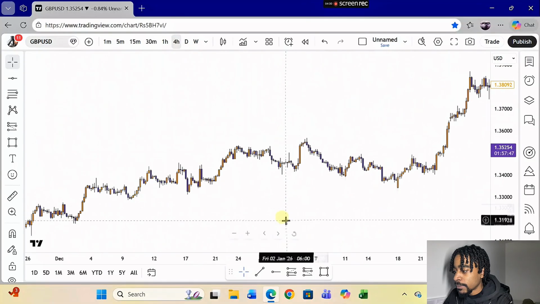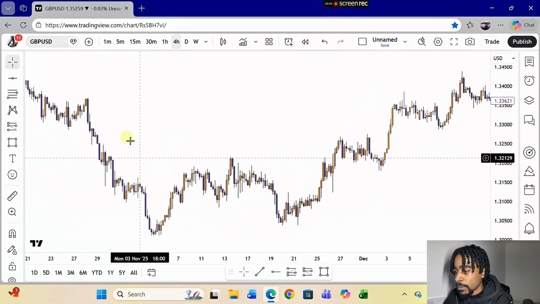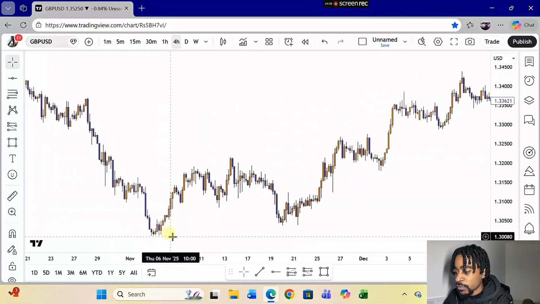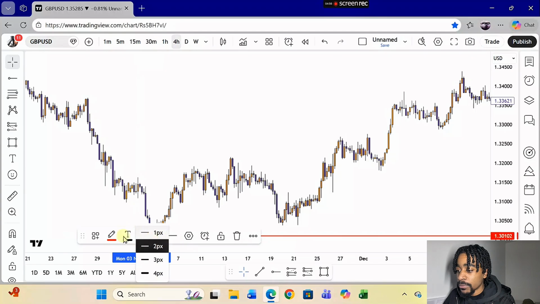Okay, we can go down here. So price pushes down and then reverses up. If I can just put my cursor there and look at the number that it's at, I can see that is 1.30102. So that's 10 pips away from the triple zeros that I just gave you guys. So again, that's an example.